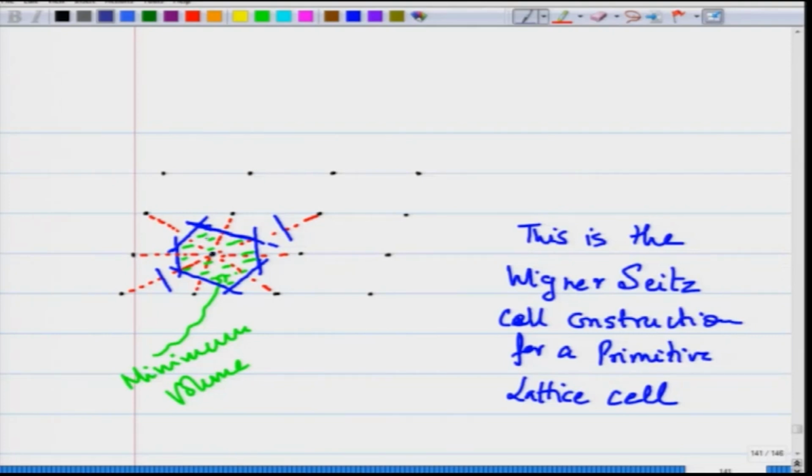So, all the points in this are the closest to this point, and this area which is enclosed in green is the primitive lattice cell associated with this lattice point, and there is one lattice point per cell. And with this we had sort of built up all the required tools to study a crystalline solid.